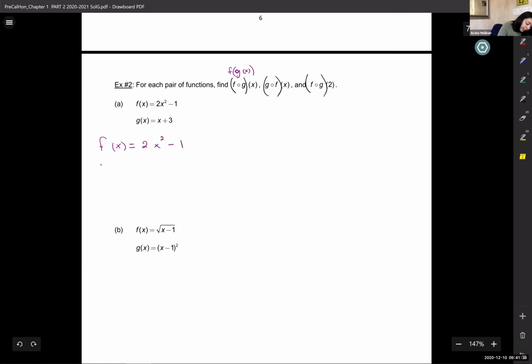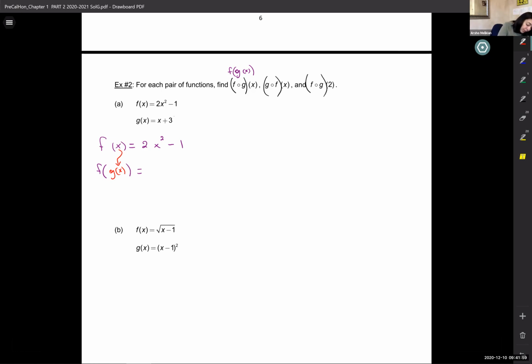What I need to find is f of g of x. That means x gets replaced by g of x. So in the function, wherever I see an x, I'm just going to replace it by g of x.